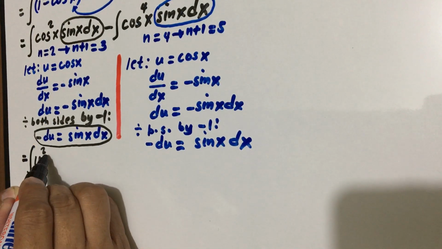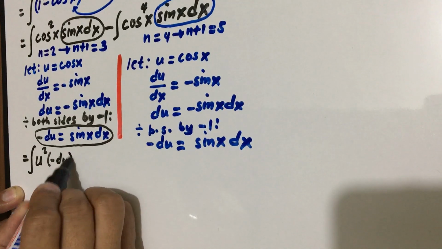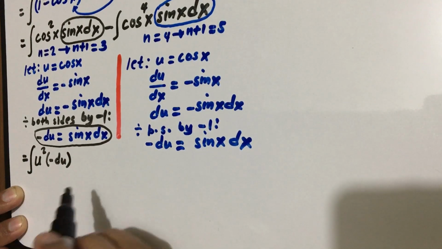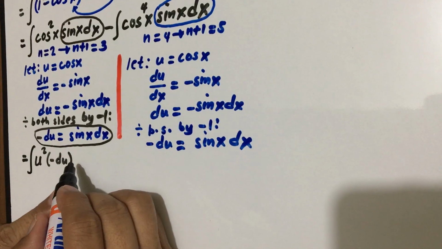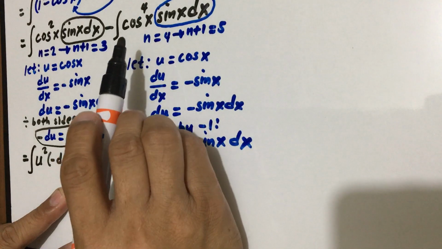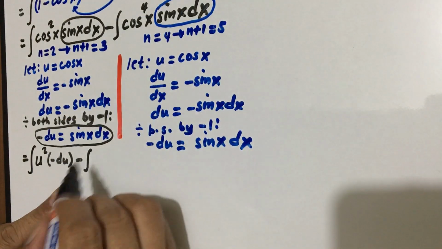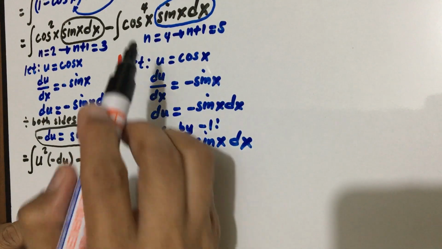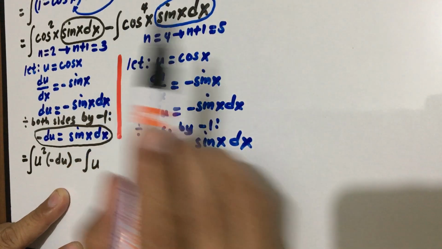So substituting, this is minus du. Then minus the integral of, we have same here, cosine x as our u, so u with the exponent 4, power 4.